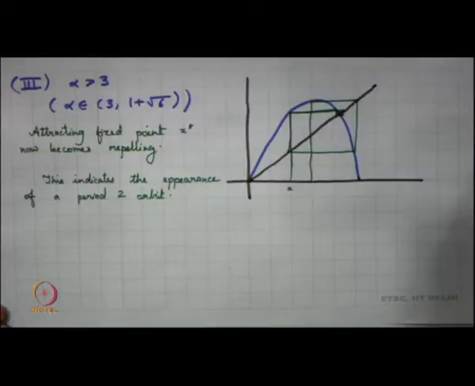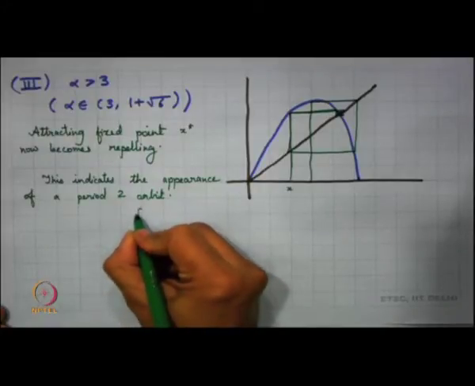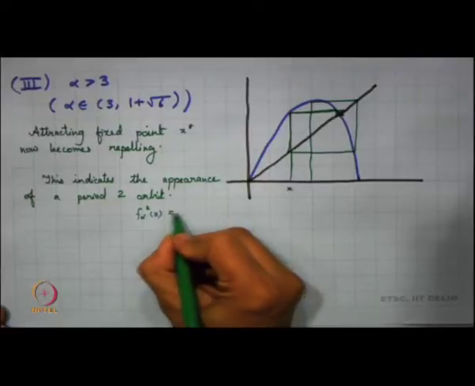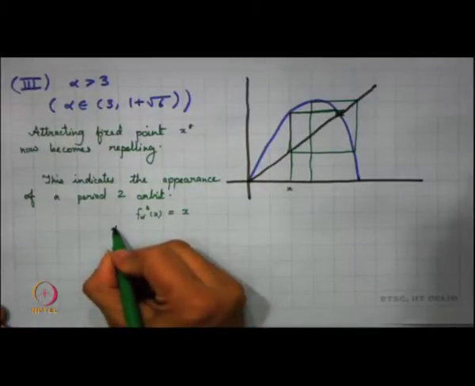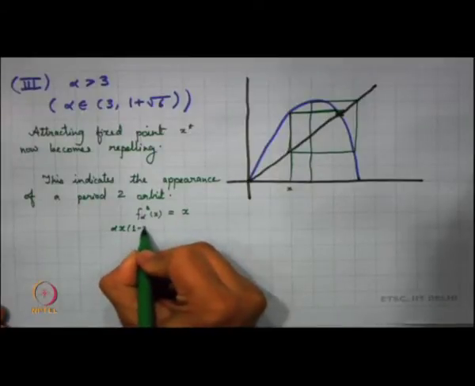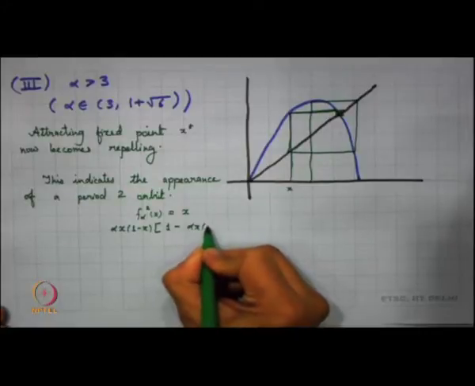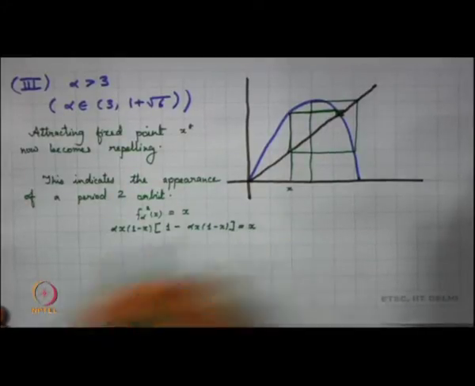Now, if there really is a period 2 orbit, we should be able to solve the equation f alpha square of x equal to x. That means alpha x times (1 minus x) into (1 minus alpha x times (1 minus x)) should be equal to x.